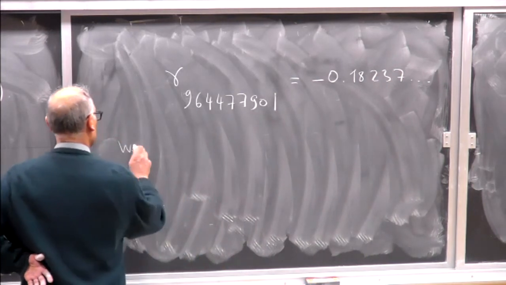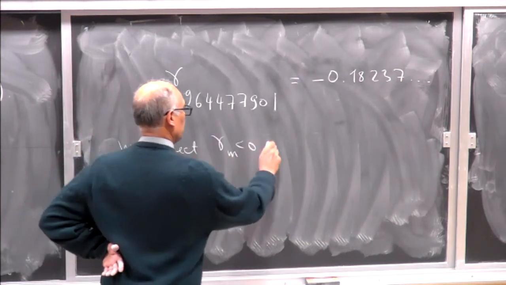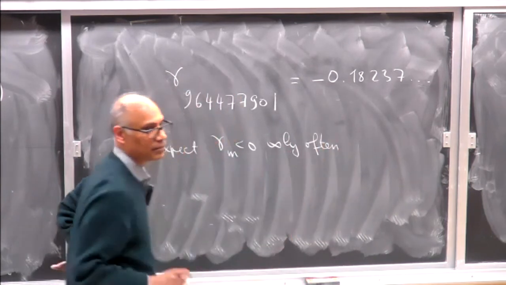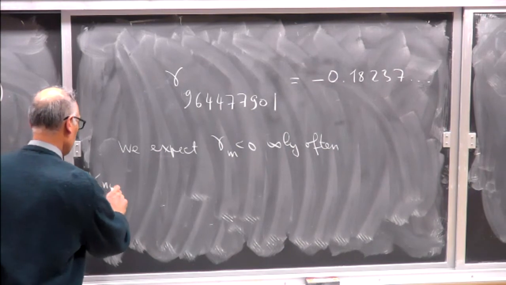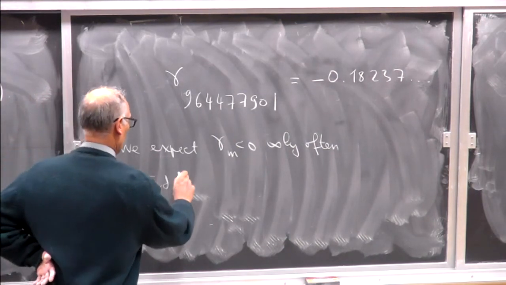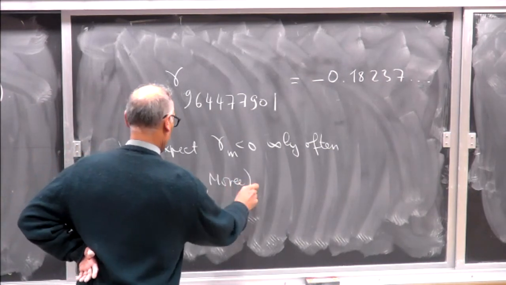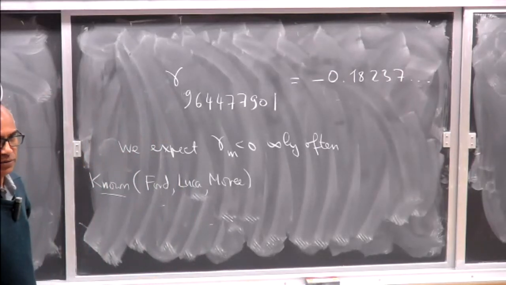We expect gamma M to be negative infinitely often. This is known to be true. This is a result of Ford, Luca, and Murty. It's known to be true if something called the Hardy-Littlewood conjecture is true.